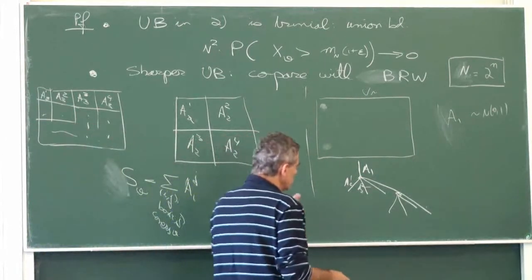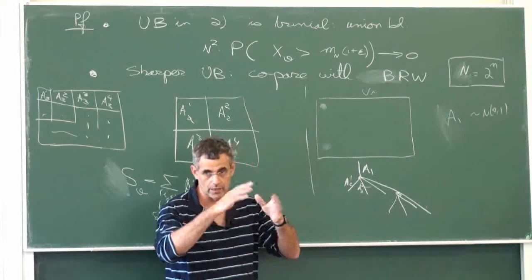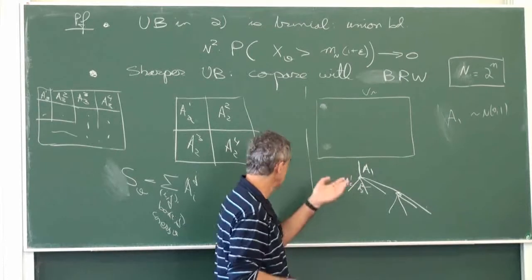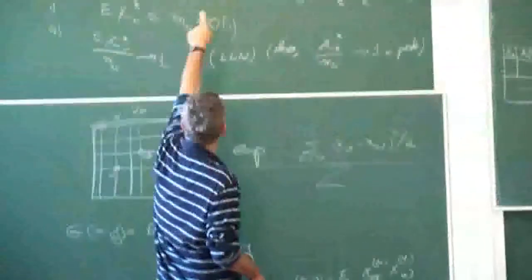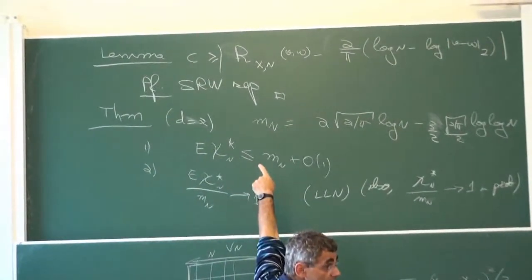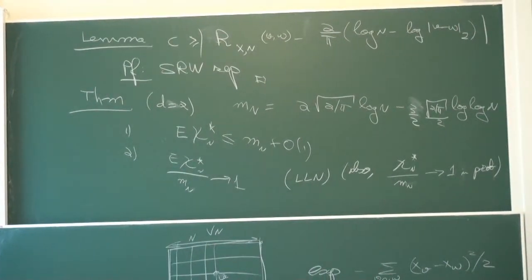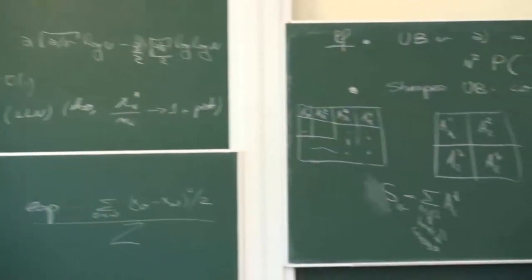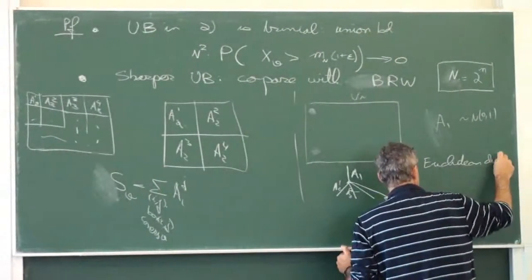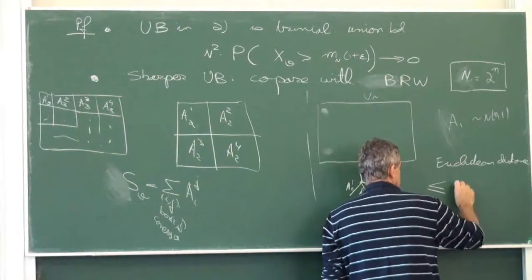The answer is that in general, up to some constants that come from edge effect and discretization effect, there's a constant error over there, but up to constants, the Euclidean distance is bounded above by the tree distance.